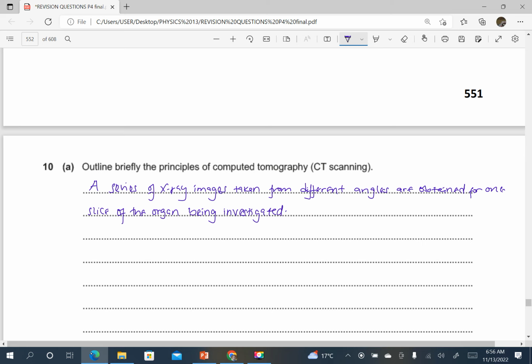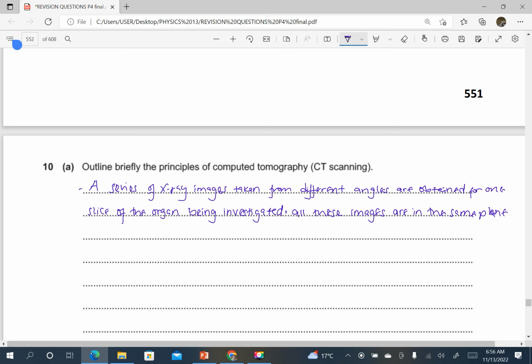Note that all these images are in the same plane. So all the images of one slice are going to be in the same plane.